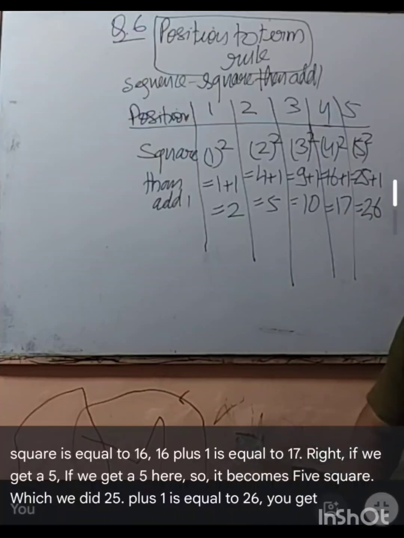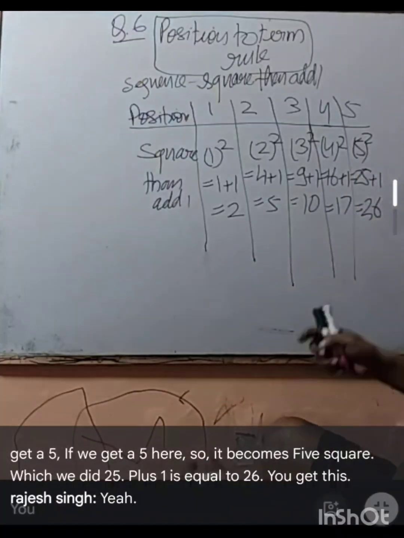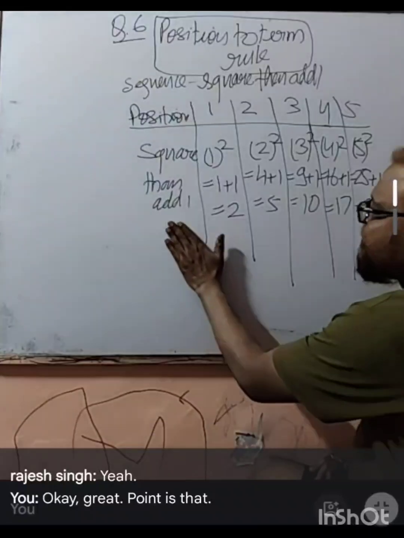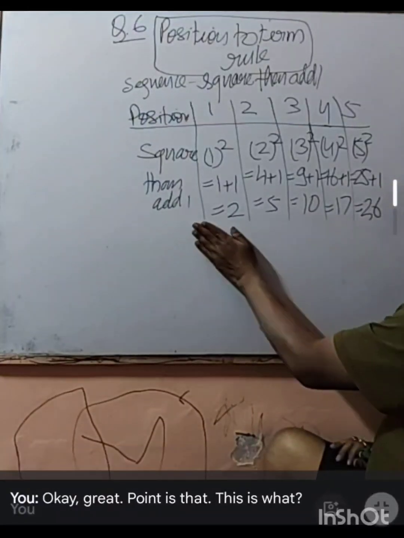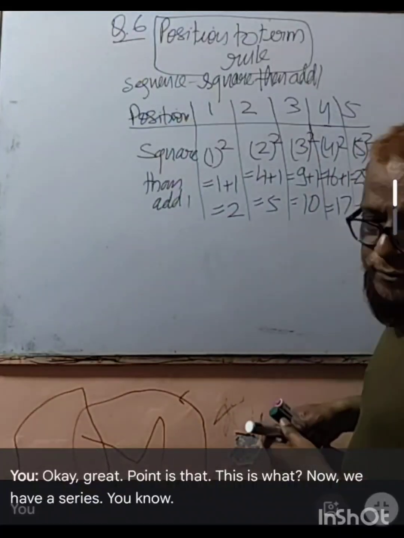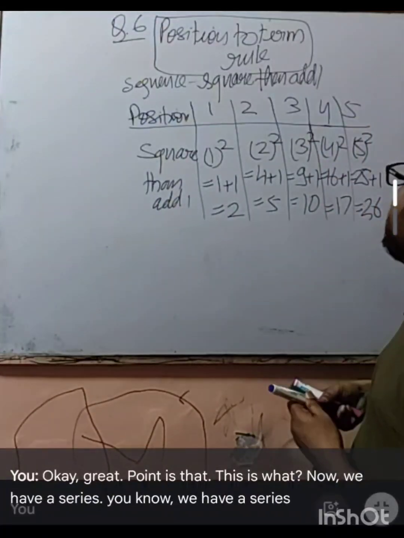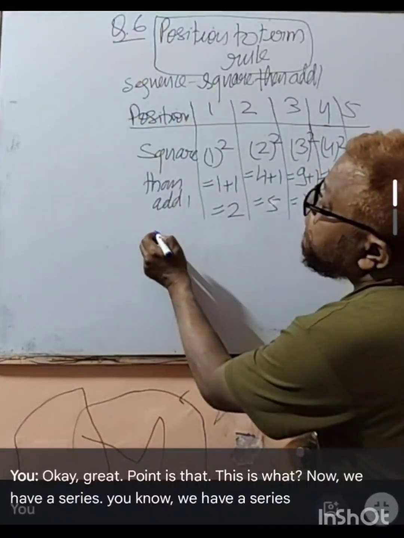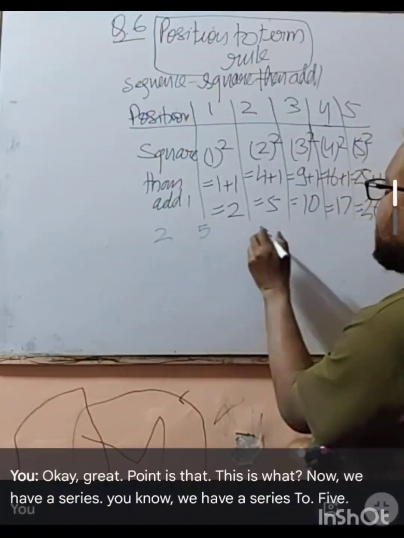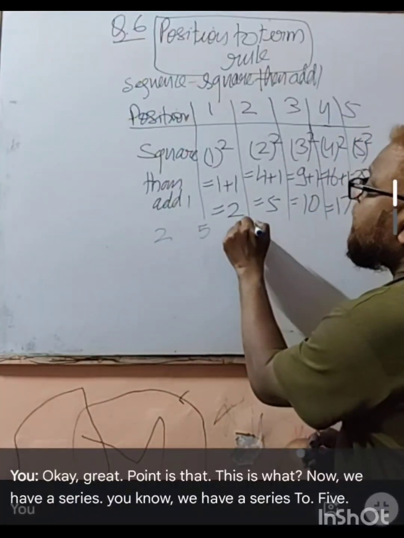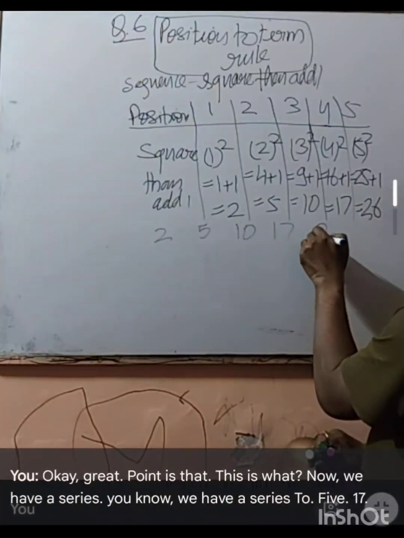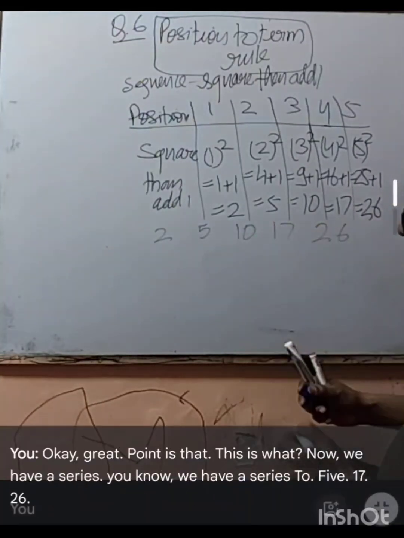You get this? Okay, great. Now we have a series: 2, 5, 10, 17, 26, right?